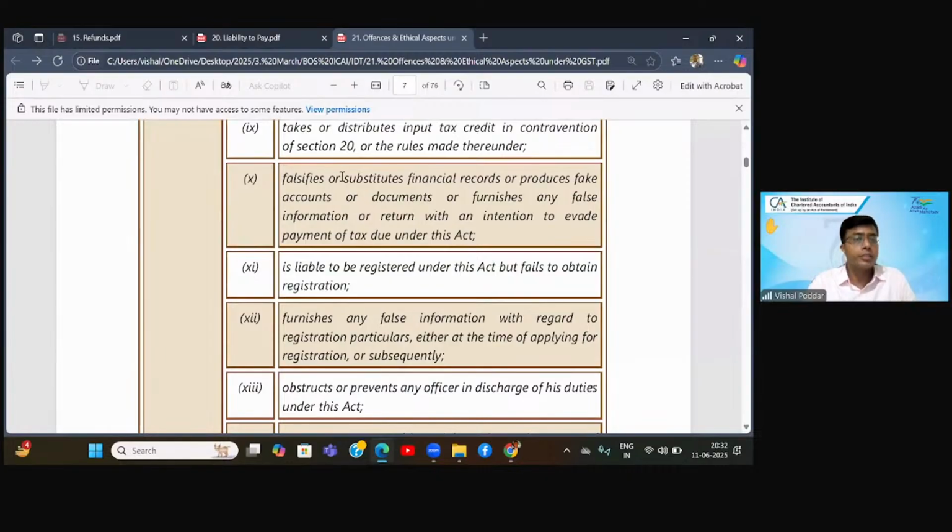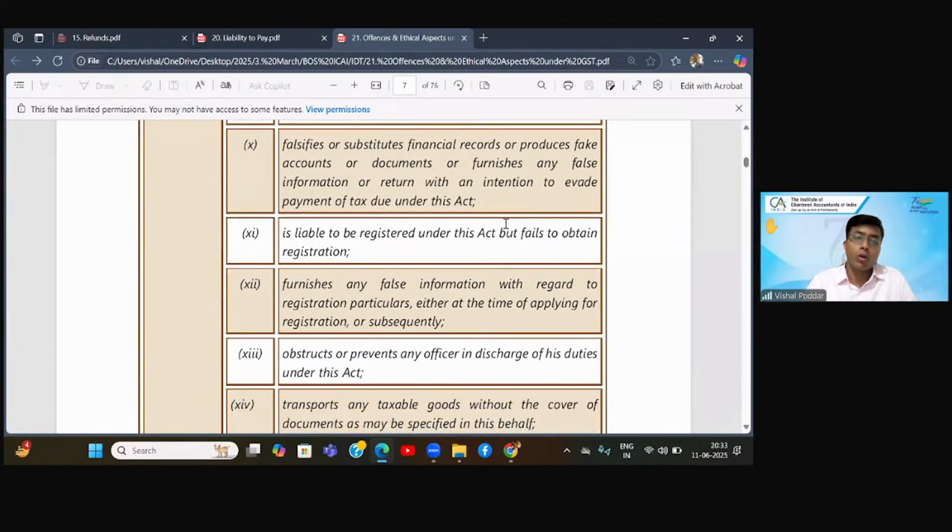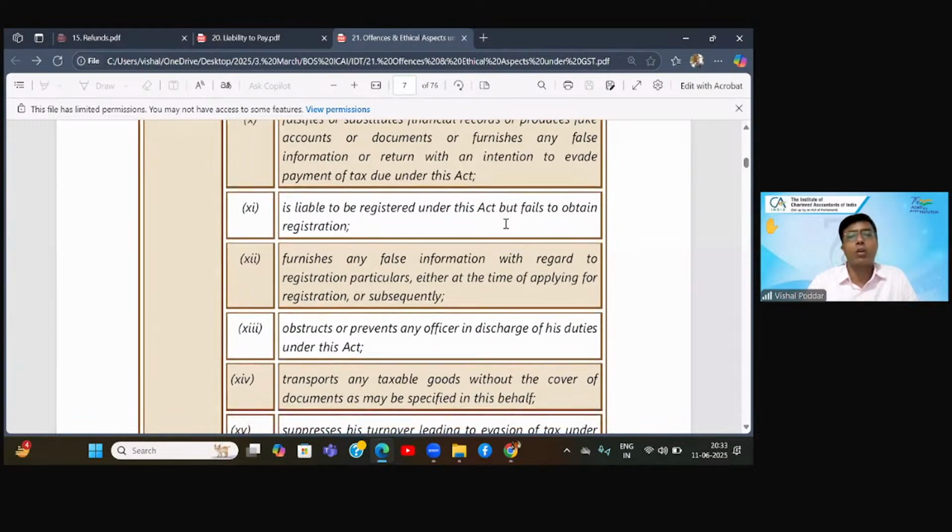Next, falsifies or substitutes financial records or produces fake accounts or documents or furnishes any false information, and your intention is to evade tax. So where you are fabricating the accounts or giving fake documents, and obviously why you are doing this, because you want to evade the tax, again it will be an offense.